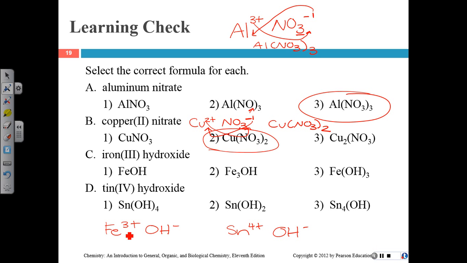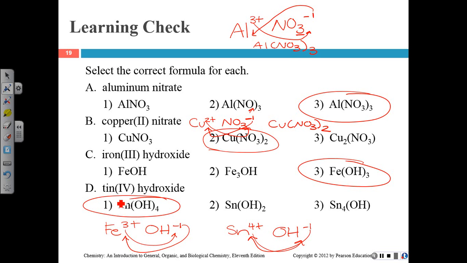Okay, so if I bring a 3 over here and a 1 over here, I'm going to get this. And I'm going to bring a 4 here and a 1 there. So I'm going to get that.